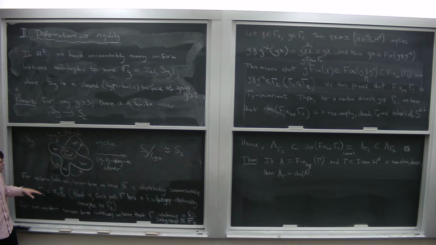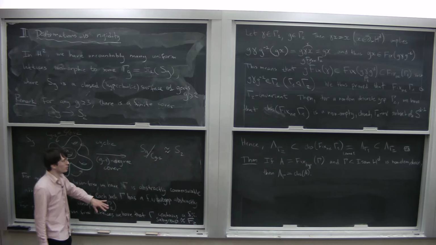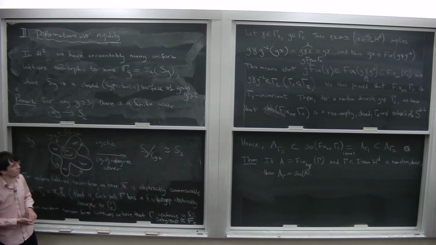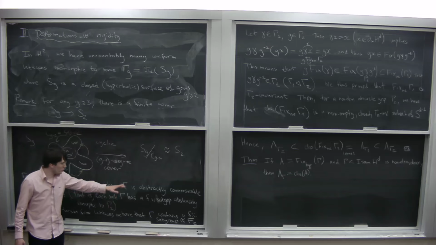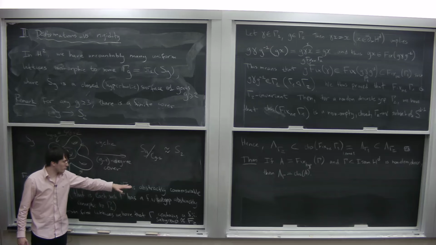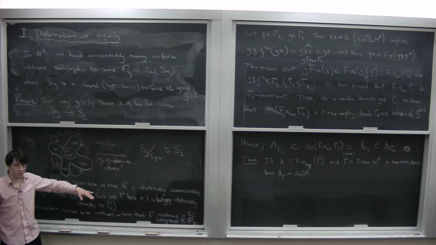Yeah, in fact, one can also work with some... Okay, yeah, we can continue with this after the break. I just wanted to remind that, you see, there are different types of commensurability.